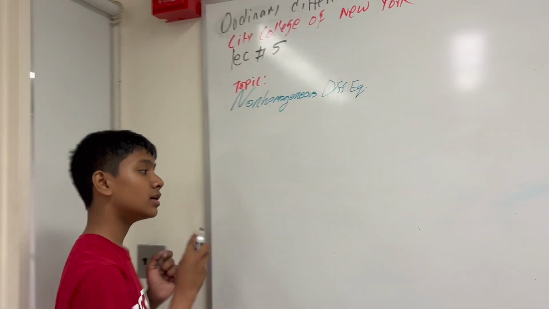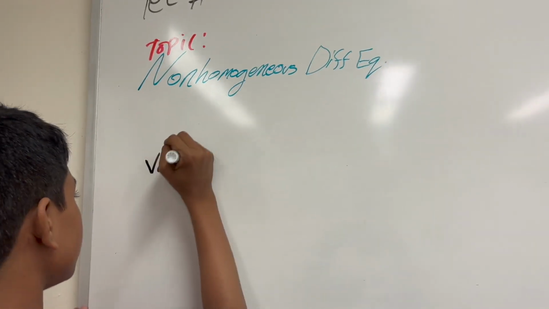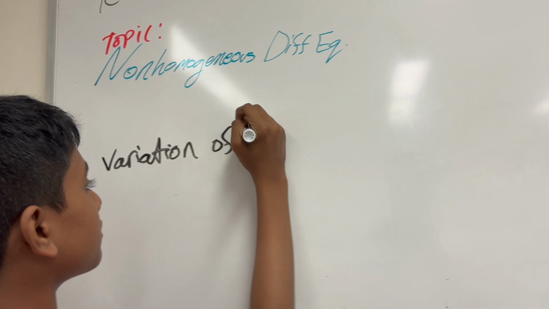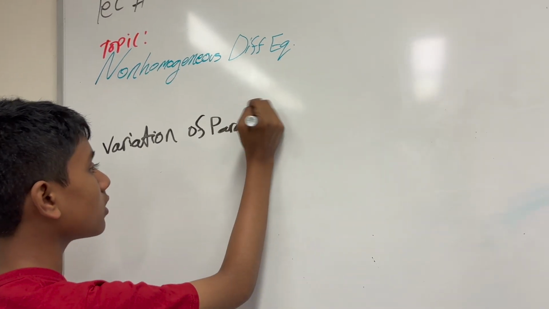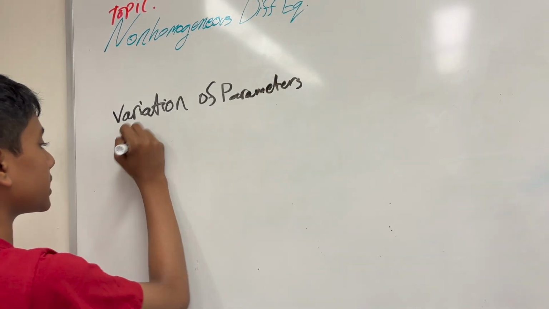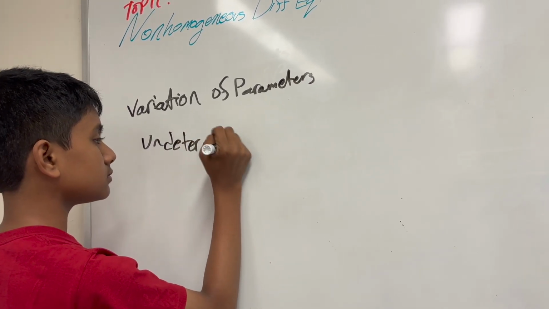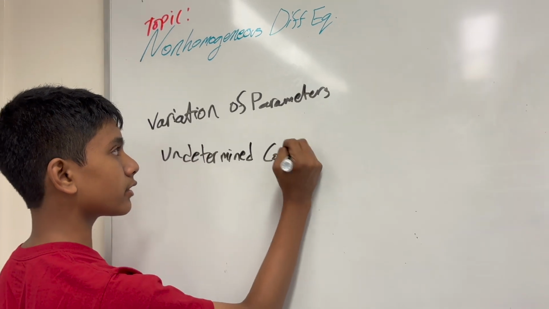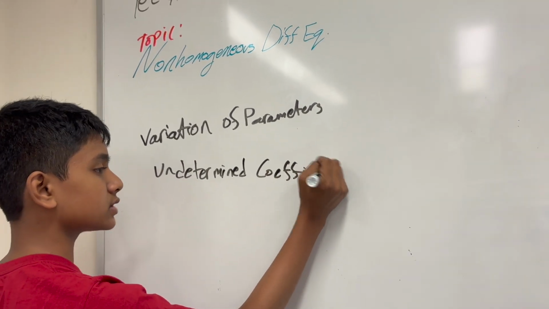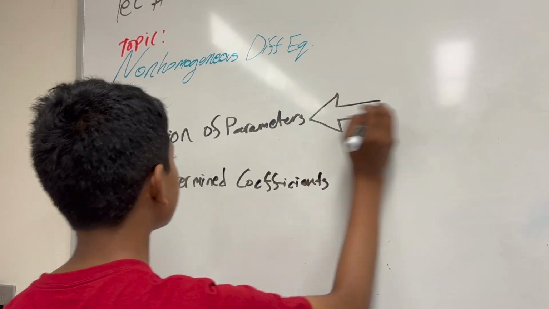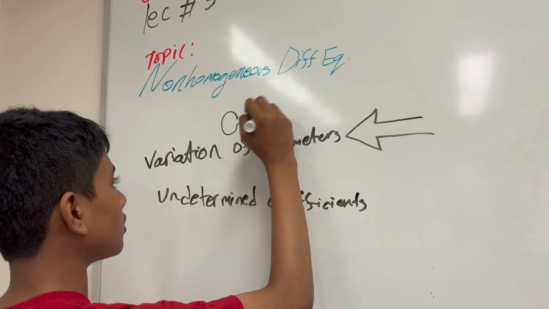Alright, so today there are actually 2 methods of solving these equations: variation of parameters and undetermined coefficients. Now we're actually going to be covering variation of parameters next time, as it's a little bit more complicated, but it's also much more general.